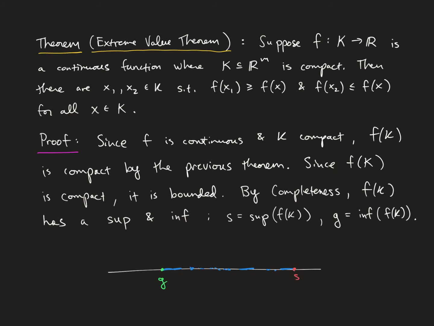All you have to say now is that S is actually in this f of K. So in other words, S is f of something, and G is in f of K. So G is f of something.